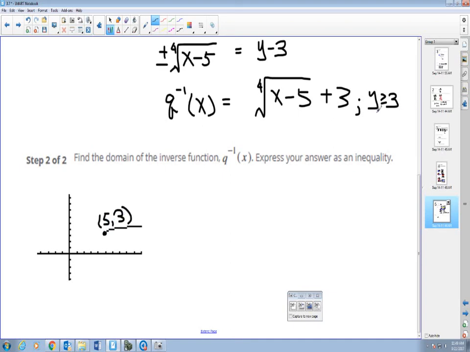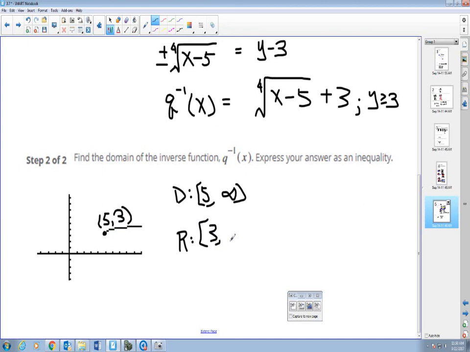With the equal to, my domain got to be starting from 5, keep on going to the right to infinity. My range for my inverse starts at 3, keep on going up to infinity.